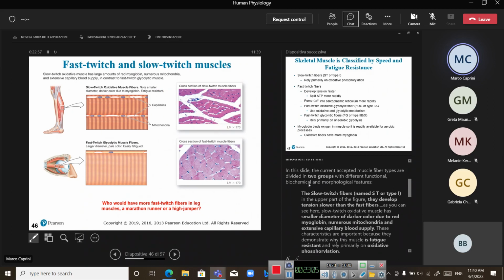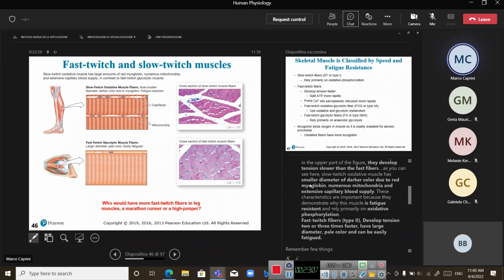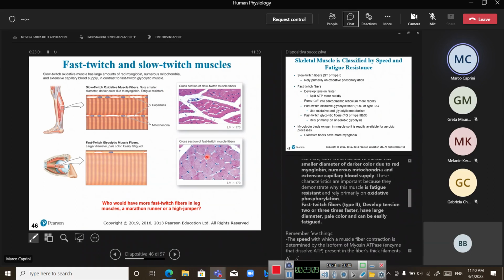And in the other case, the fast twitch fibers here, okay, develop tension two or three times faster. They have a large diameter, pale color, but they can easily fatigue.